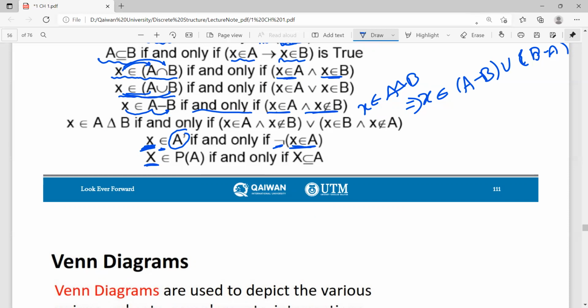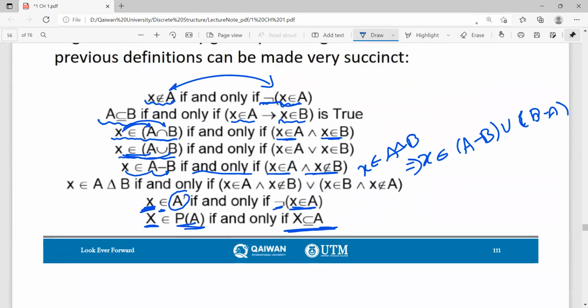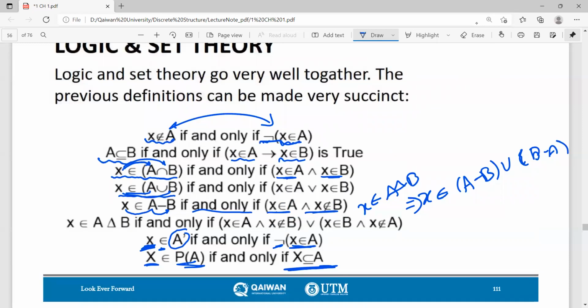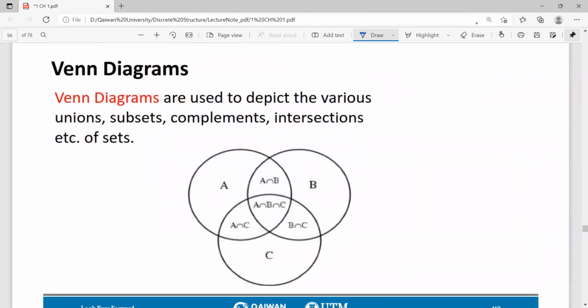If X belongs to the power set of A, that means X is a subset of A. Here it's just to know how these operations on sets are combined by using if and only if, by conditional statements.